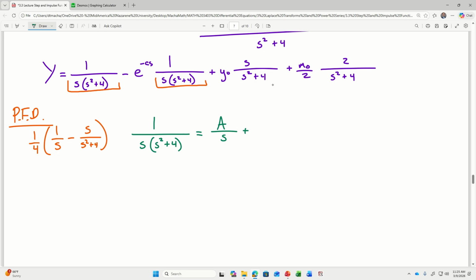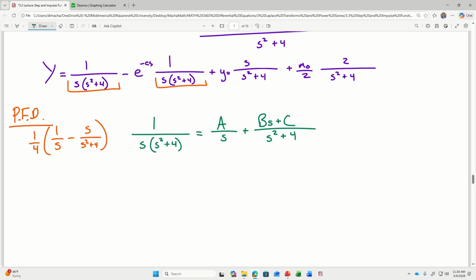Plus, since this is an irreducible quadratic, you'd actually need bs plus c. You need that linear form over my irreducible quadratic. And then you would solve for a, b, and c, and you'd find that a is equal to 1, b is -1, and c is 0, if you solve that.